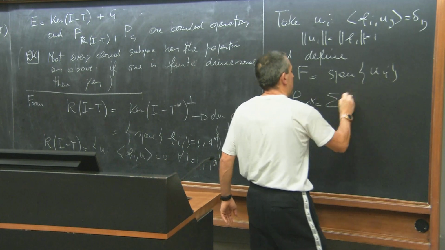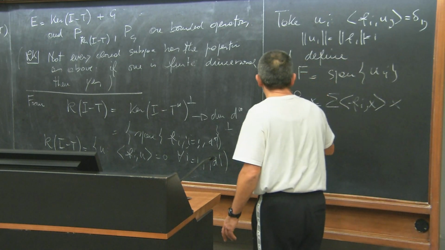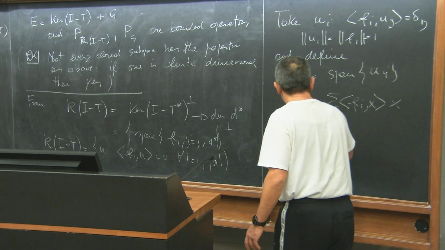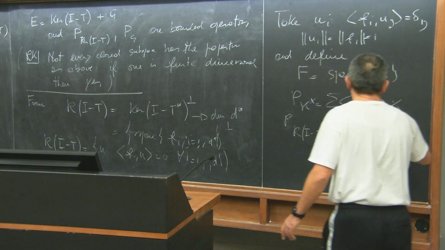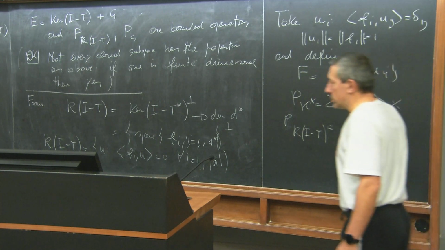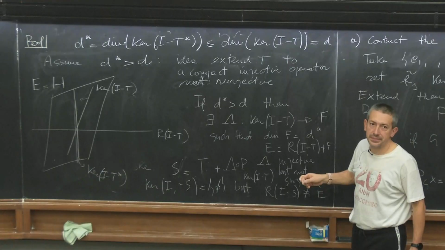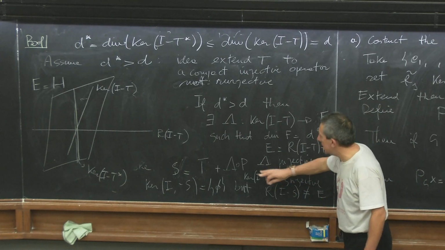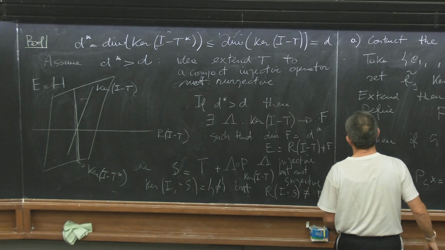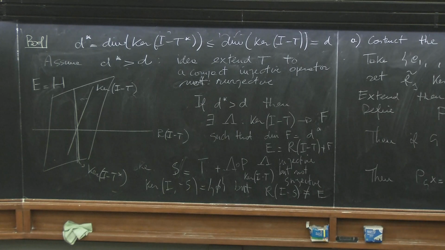Sum of f_i(x) u_i, and the projection over the range is 1 minus the projection over K. Okay, so this second step gives me the space F. Now, lambda is any linear map from this space to this space F, which is essentially the lifting of a linear map from R^d to R^d star.